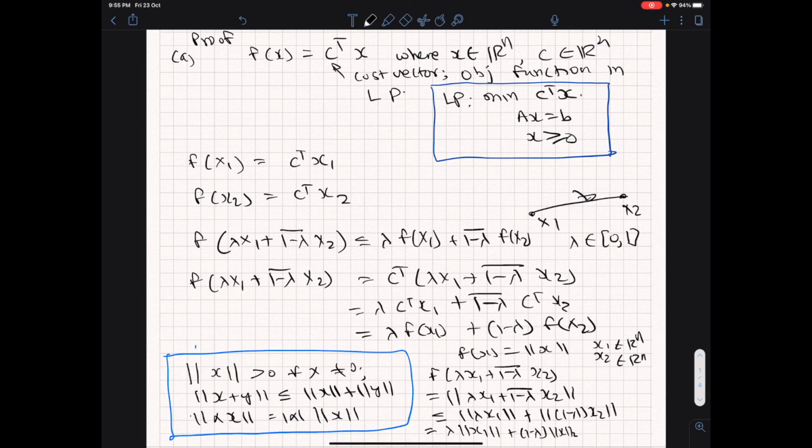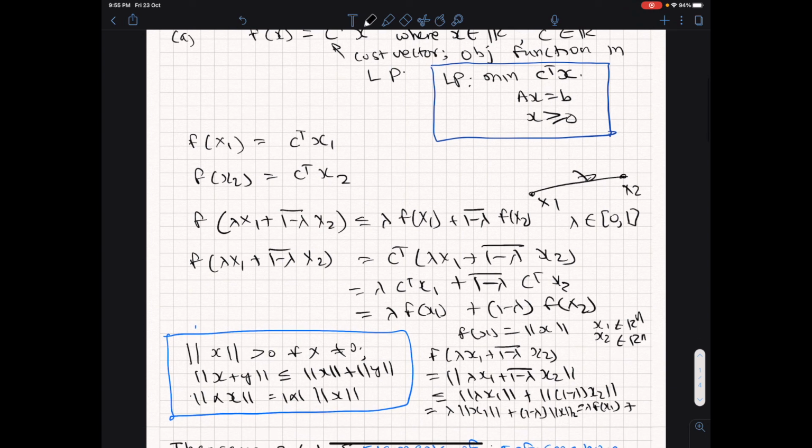But the norm of x1 is f of x1, so this will become equal to lambda times f of x1 plus 1 minus lambda times f of x2.